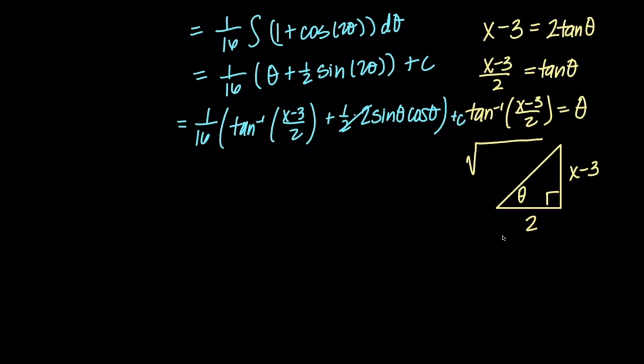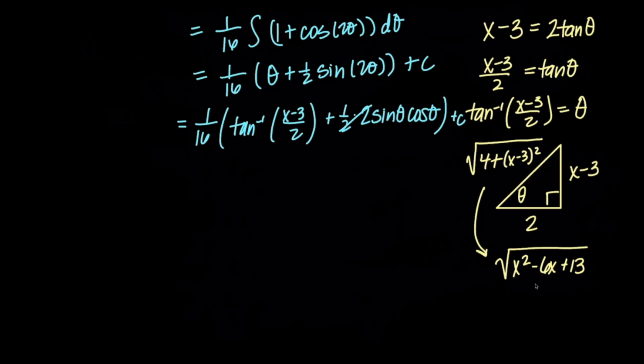So 2 squared is 4, and x minus 3 squared, well, we have to write as quantity, x minus 3 squared. And if we simplify this, that's going to be the square root of, let's see, x minus 3 squared is x squared minus 6x plus 9, but then there's plus 4, so plus 13. Oh, what a coincidence. It's that same quadratic that I had at the start of the problem. And so this is my hypotenuse.